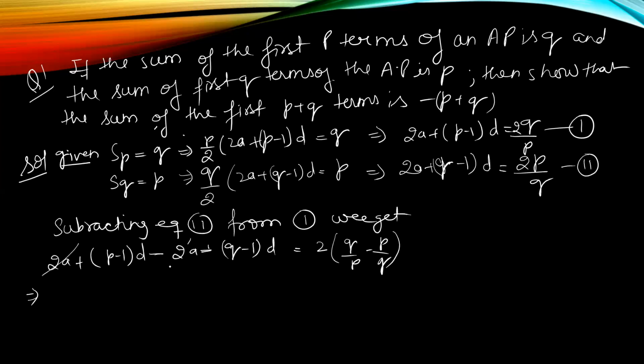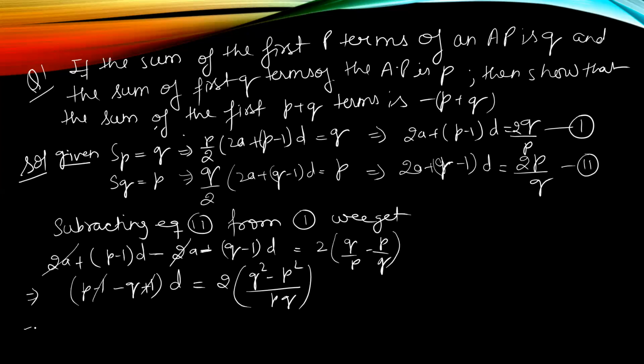Which gives you, as you can see, 2a gets cancelled and we are left with p minus 1 minus q plus 1, taking d common. Right side will be taking LCM, you will get q square minus p square over pq. So as you can see, minus 1 plus 1 gets cancelled and you will get p minus q into d equals to twice of q minus p, q plus p over pq.